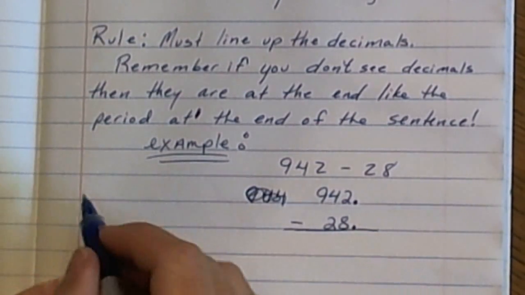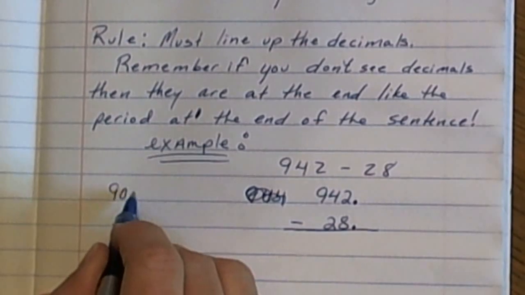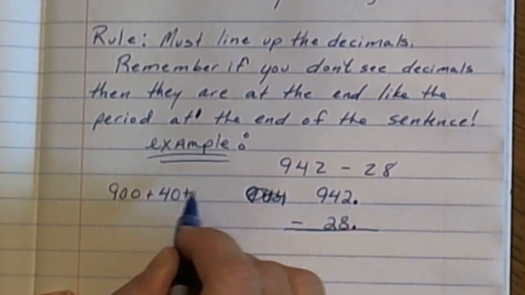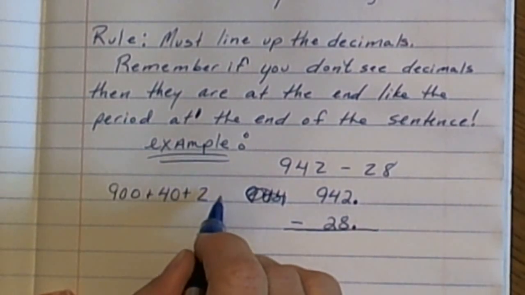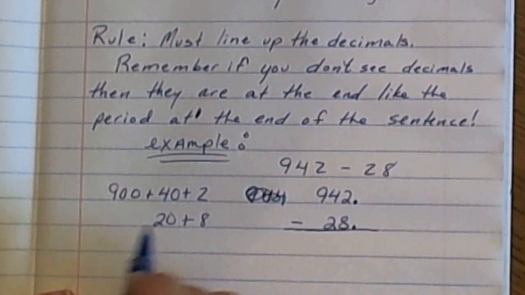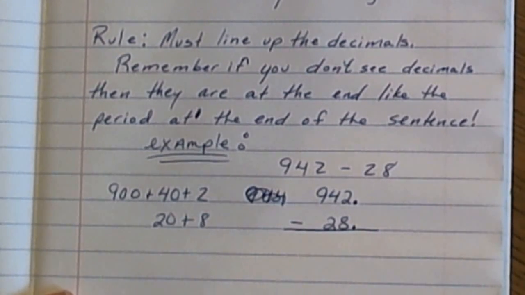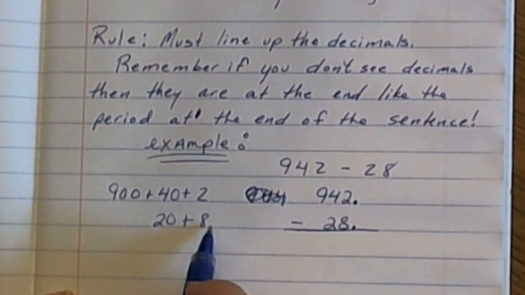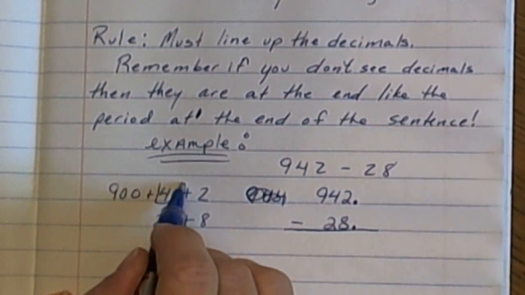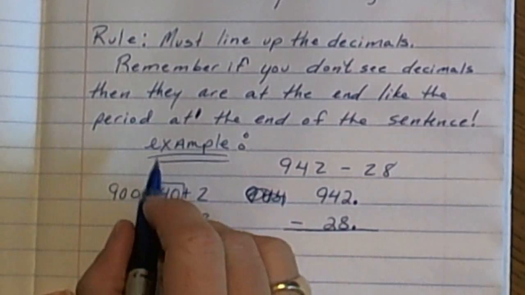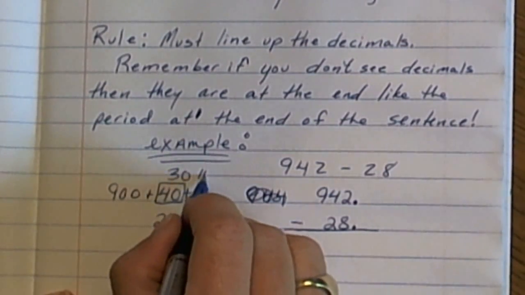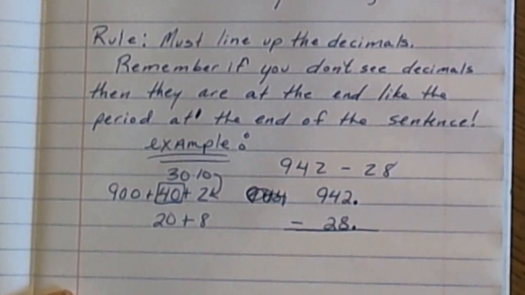Now this is really 900 plus 40 plus 2. And this is really 20 plus 8. Well, I can't say 2 minus 8, but I could come over here and I could change that to 30 and give 10 of them to that 2.